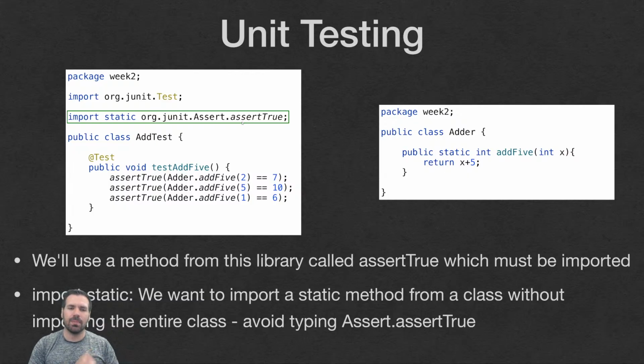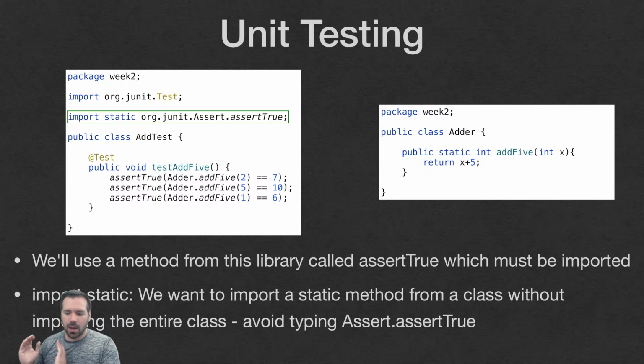That just gives me one method imported from this class. The reason for this is to avoid doing Assert.assertTrue. If we just import org.junit.Assert and import the entire class, we can still do that, but then whenever we call assertTrue, we'd have to write Assert, the class, dot assertTrue, calling this static method from the Assert class. And we saw that syntax a few times.